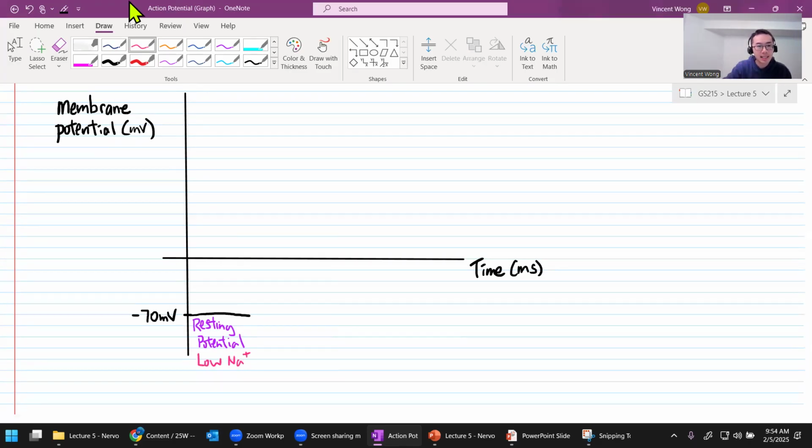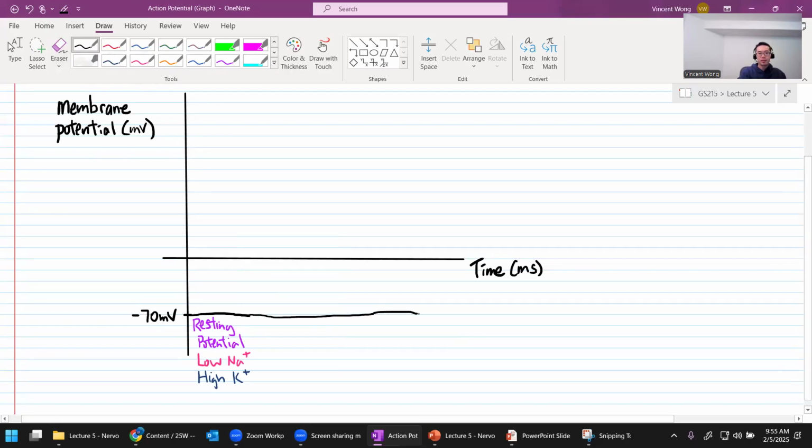It's always on the inside that I'm talking about, unless otherwise specified, and high potassium. So that's the situation right now. If the neuron is not triggered, if it stays resting, then it's going to be at minus 70 all the time. Nothing's happening, nothing's happening. Boring, boring.